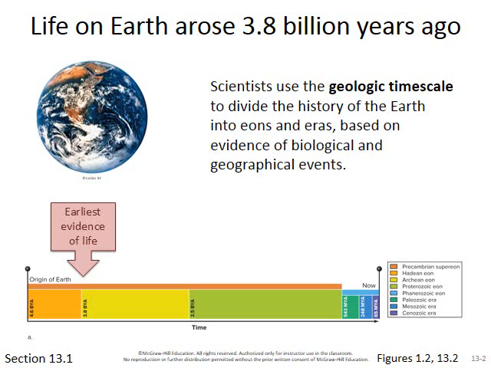And some of the evidence of how biologists and paleontologists know that life started this far back: there are some rocks in certain parts of the world. Canada and Australia have some of the oldest rocks in the world on the surface of the Earth, and there is evidence of microscopic organisms, fossils of microscopic organisms, and this is how they think that life started as far back as it did.